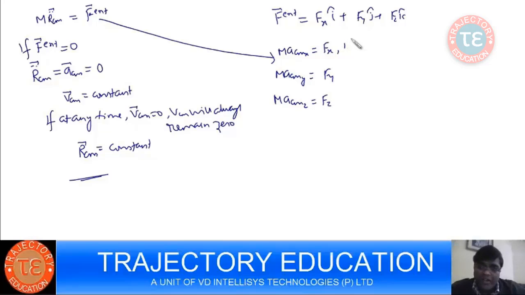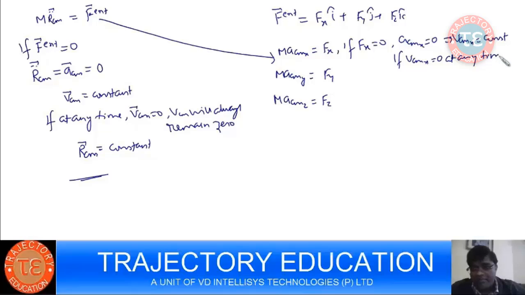Now suppose your net force is not 0, but one of its components is 0. In that case A_CMx is 0, and then you can write V_CMx is constant. And if at any time V_CMx is 0, then V_CMx will be 0 always, and I can write X_CM is constant.